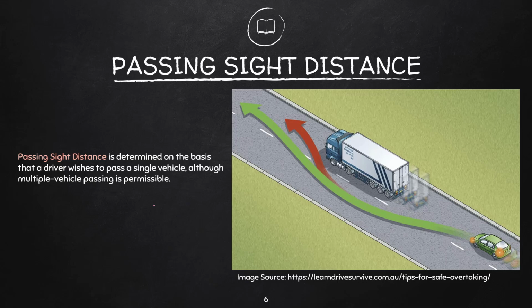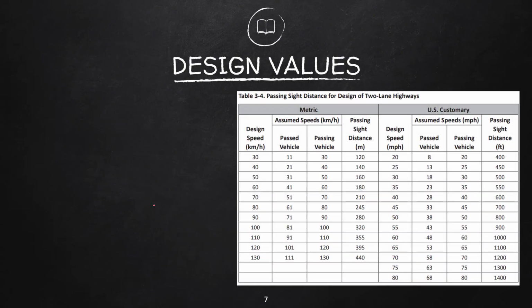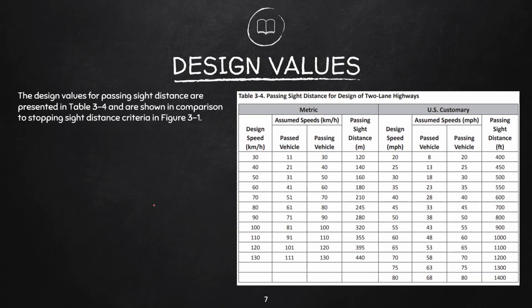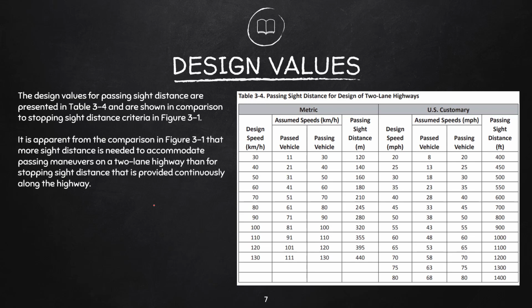But of course, in actual conditions, it may overtake multiple vehicles. It is permissible. The design values for passing sight distances are presented in Table 3-4 and are shown in comparison to stopping sight distance criteria in Figure 3-1.